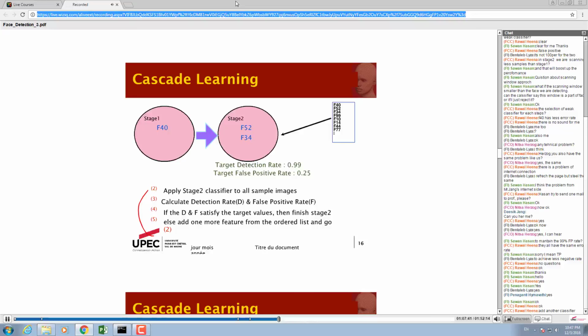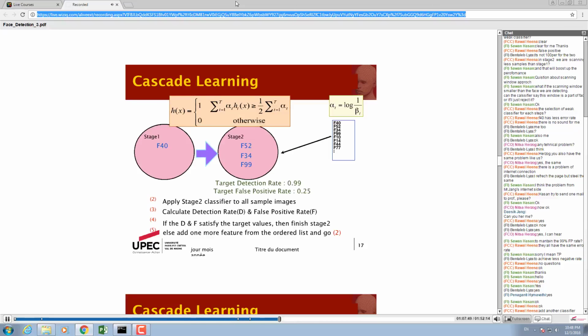Okay, and we are checking if these 2 weak classifiers can satisfy the 25% false positive rate. If it doesn't satisfy, then we have to add more. If it satisfies, then we can stop, right? It didn't satisfy, so we are going to add one more.